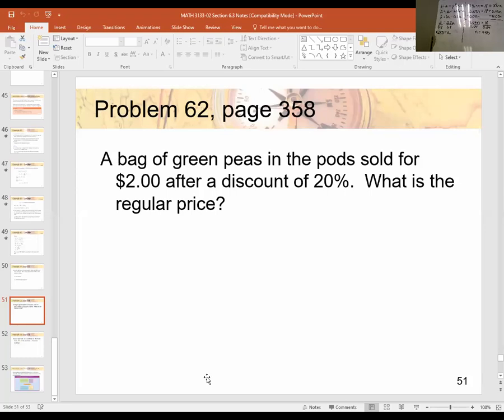Okay, so that wraps up that particular section. I'll go ahead and open up that homework for section 6.3 for you, and that's going to wrap it up for today. Monday we'll start chapter 7 dealing with algebra and functions.